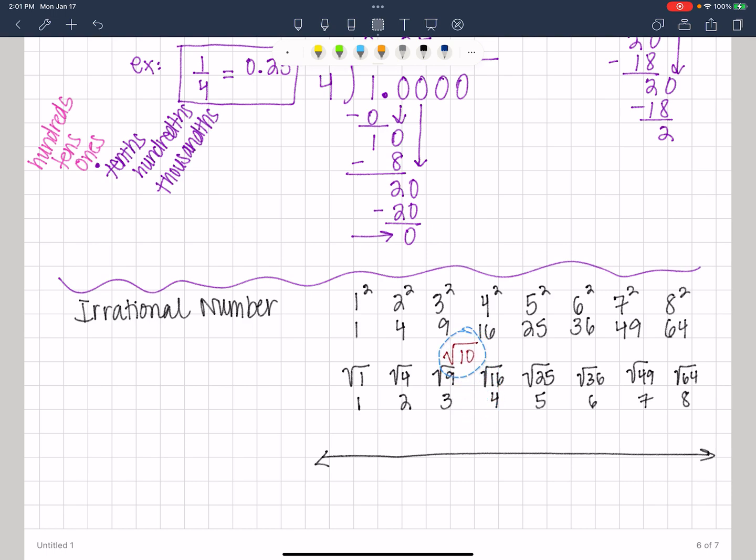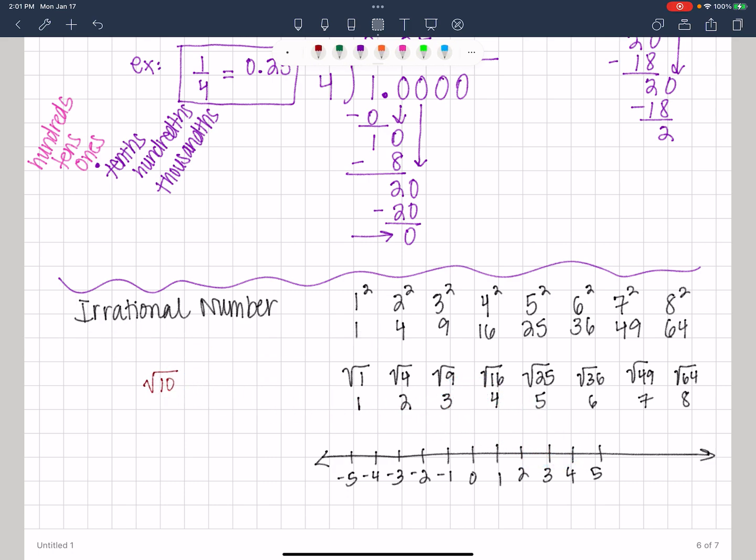So if I'm plotting the square root of 10 on a number line, I'm just quickly making a number line here. The square root of 10 is going to be between 3 and 4.